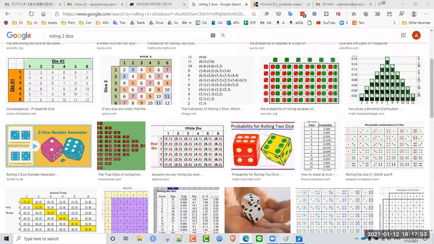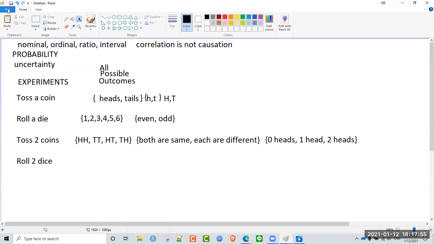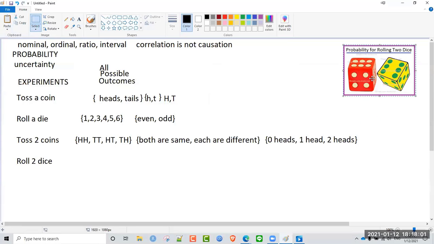Put that in there somewhere. Okay, so that's rolling 2 dice. And so we also want to list all of the possible outcomes for that, but let's leave that alone for the time being.